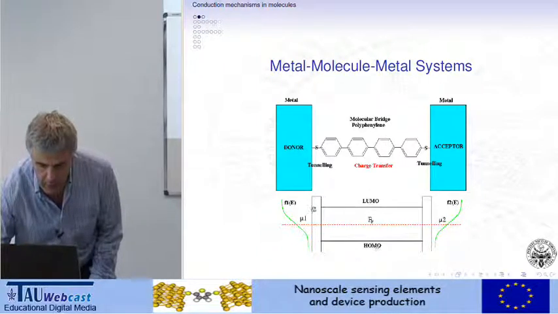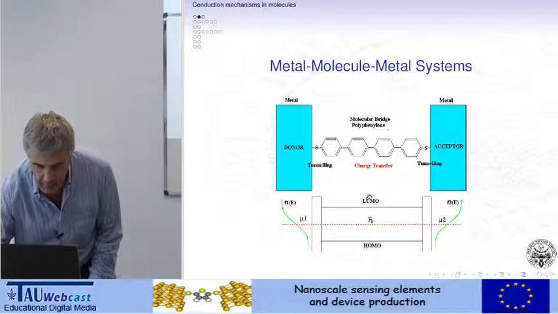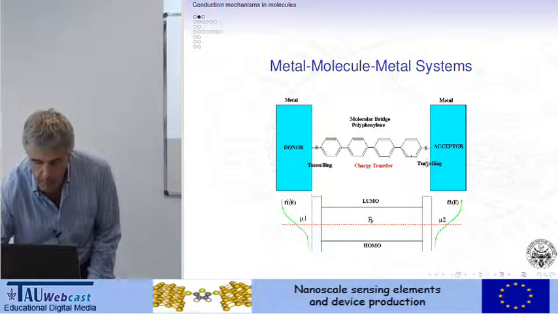So the molecule is easily described by its molecular levels. So we have the H level and the L level. You know that the H level is occupied and the L isn't. The problem arises on the interfaces. Interfaces are a problem.